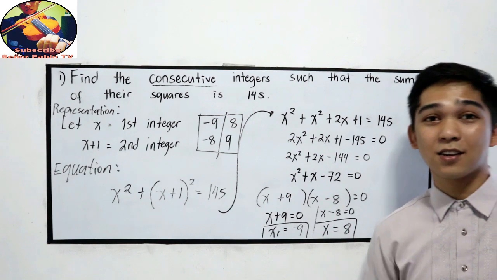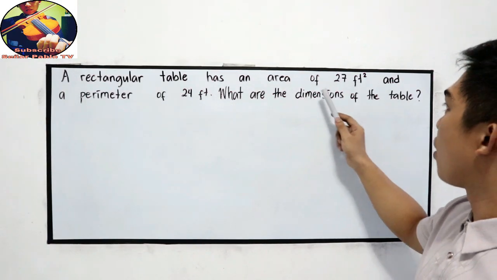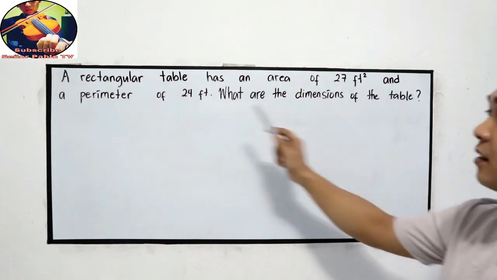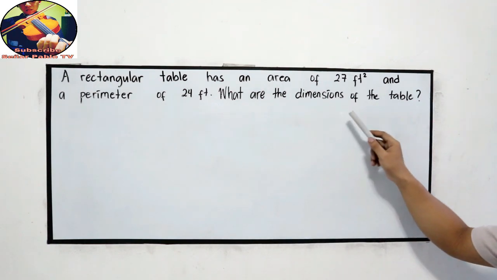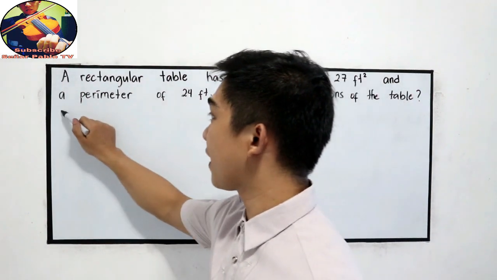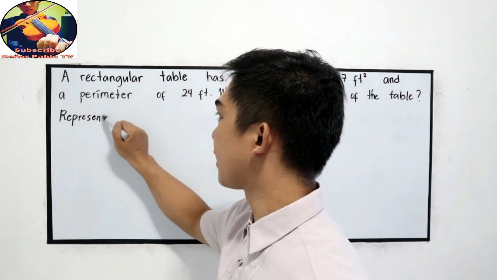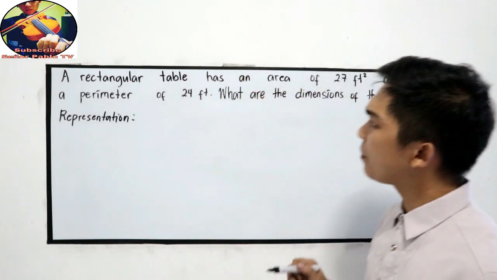A rectangular table has an area of 27 square feet and a perimeter of 24 feet. What are the dimensions of the table? Start tayo sa ating representation.